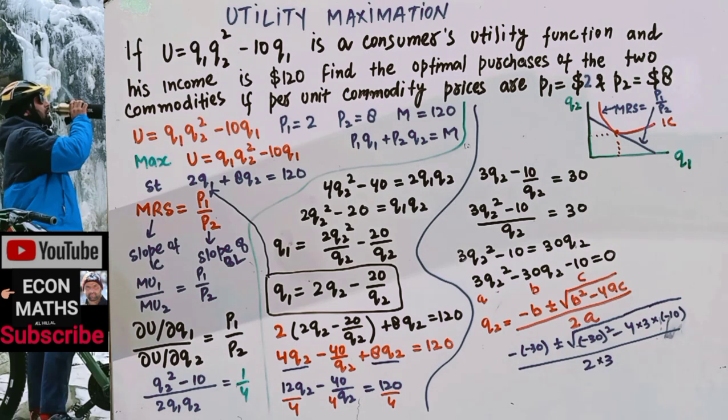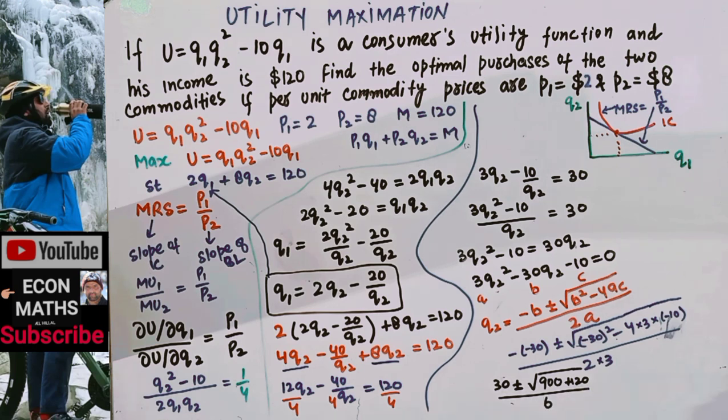Okay, so what it comes out to be: minus into minus is plus, so we get 30. Plus minus the square root of 30 square, the square of a negative number is positive, so this is 900. Then minus into minus is again plus, so 4 3s are 12, 12 10s are 120, plus 120, divided by 2 3s are 6.